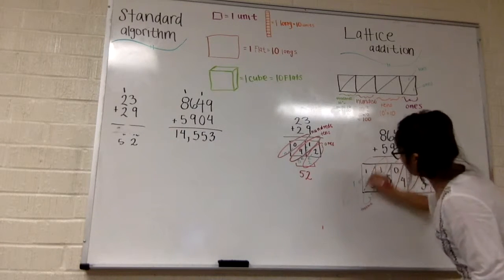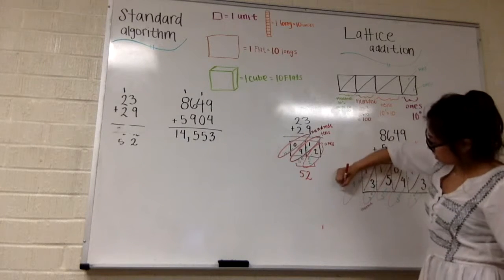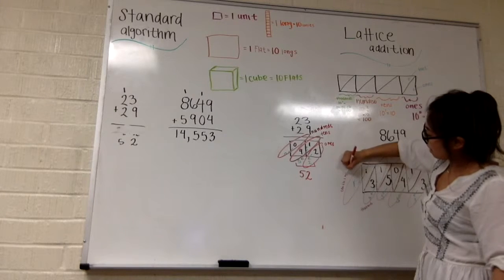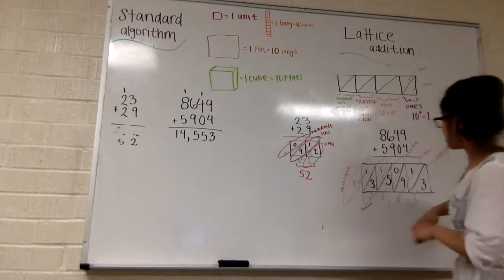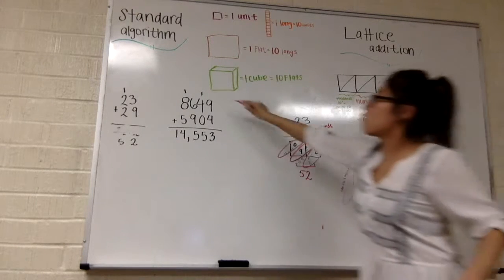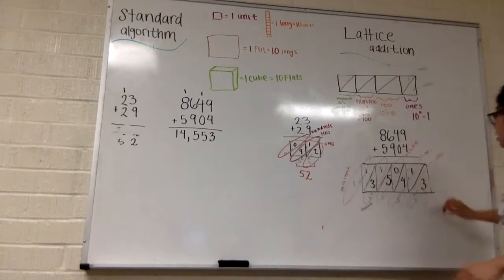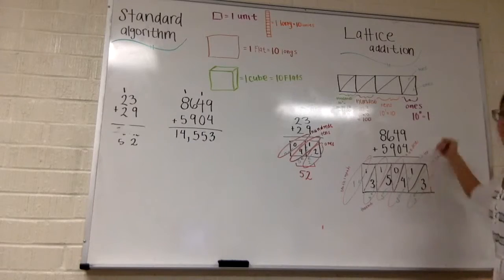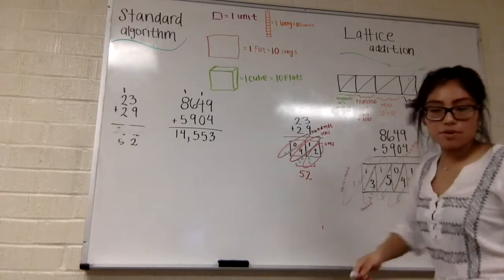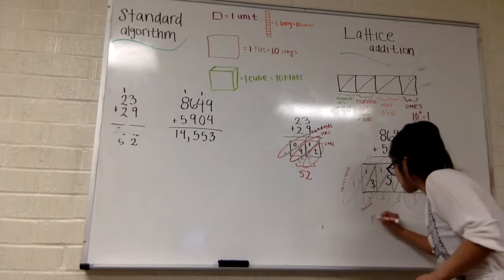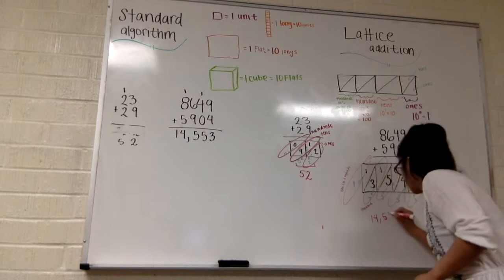And lastly here we add the biggest digit, which is 10,000. The child will then be able to quickly see, without the confusion of carrying over and accidentally forgetting to add one number, they can just use the boxes to help them see it visually. So here we get the same answer as over there, 14,553.